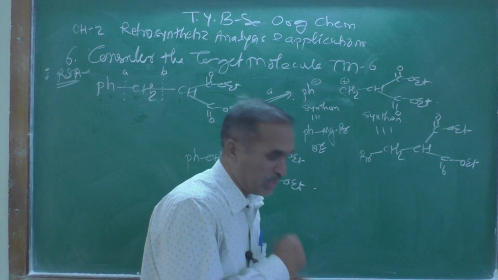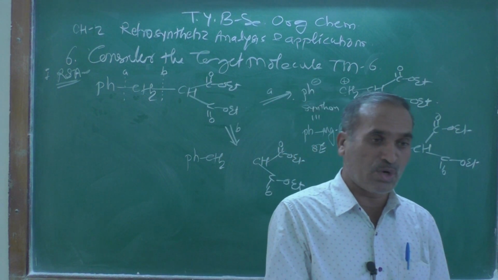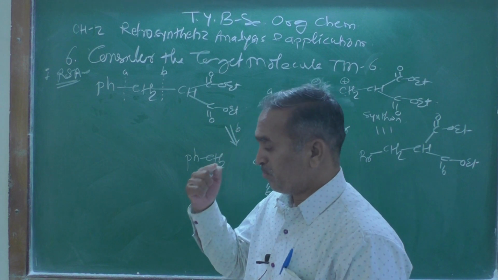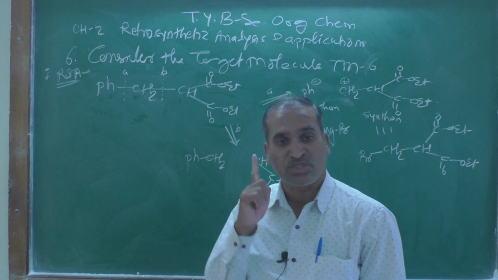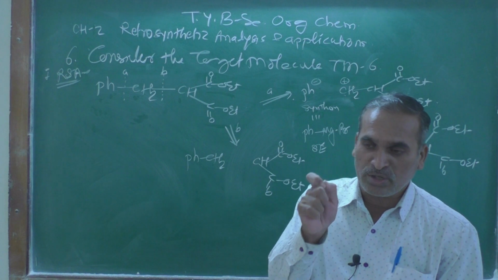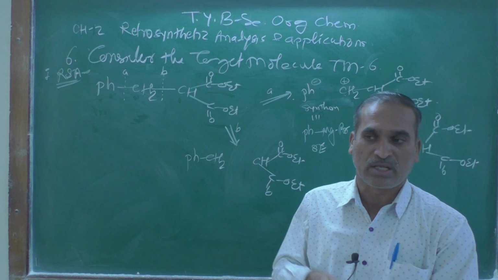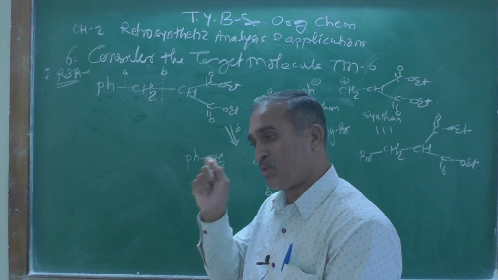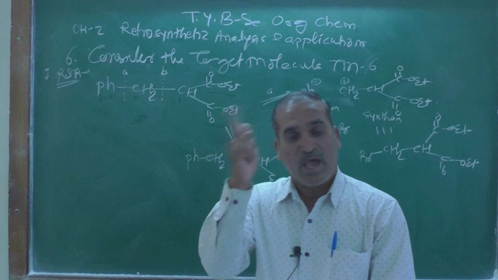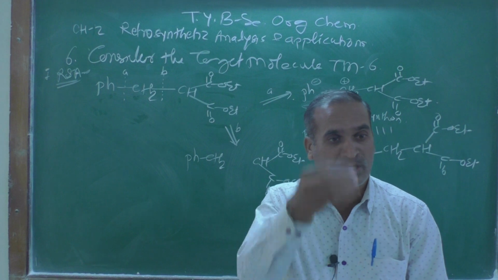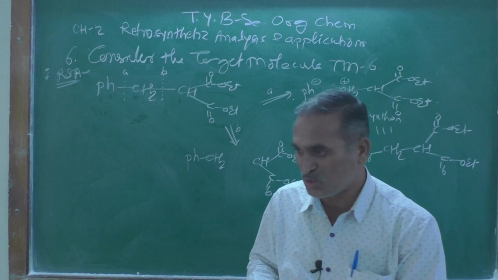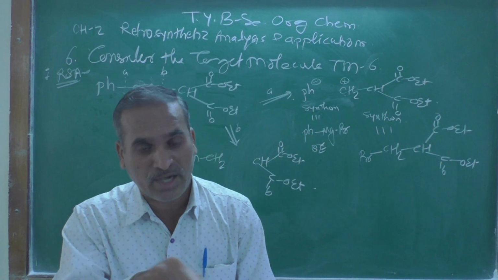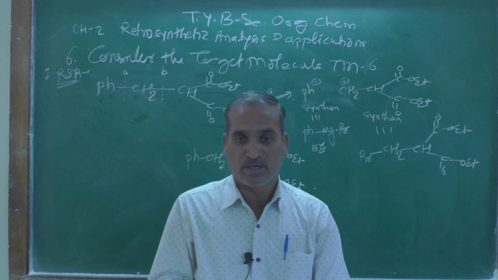But while putting them, before that I must think logically about where I should put the positive charge and where I should put the negative charge. After thinking, you must apply your common sense. If you are not thinking in that way, then you will be in big trouble.